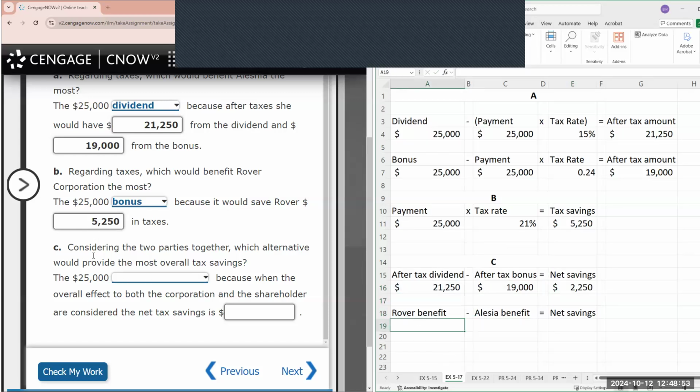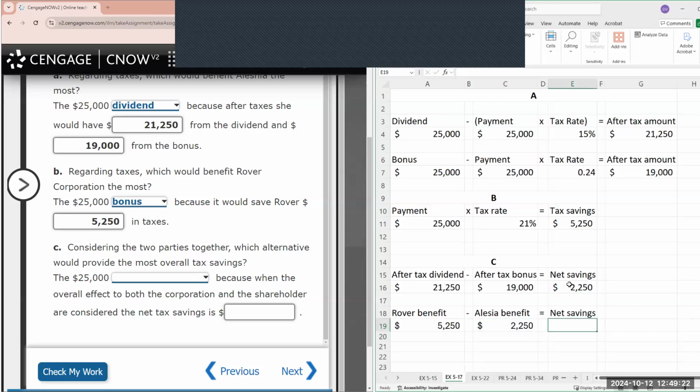Now from there, we factor in Rover's benefit. Rover's benefit would be the tax savings of $5,250, which is the $25,000 bonus payment multiplied by the tax rate of 21%. So Rover would have tax savings of $5,250 minus Alicia's benefit in this case, which is $2,250.